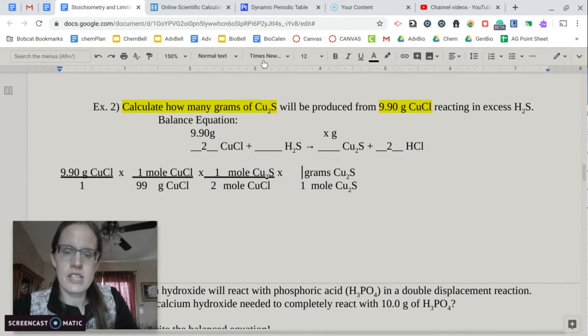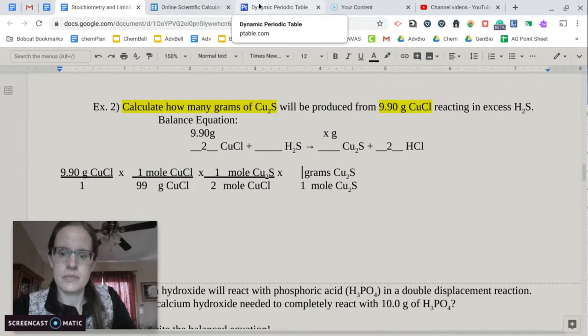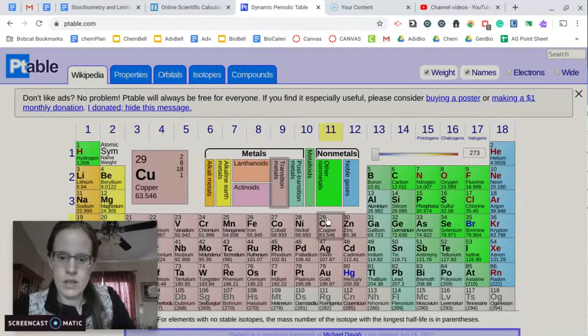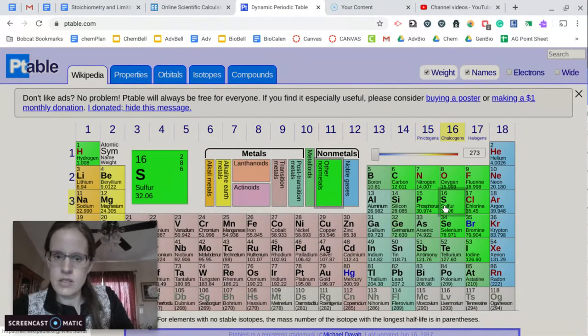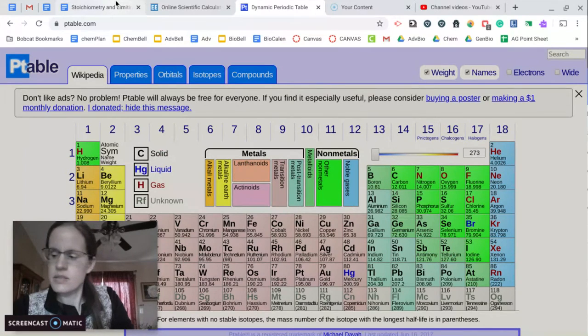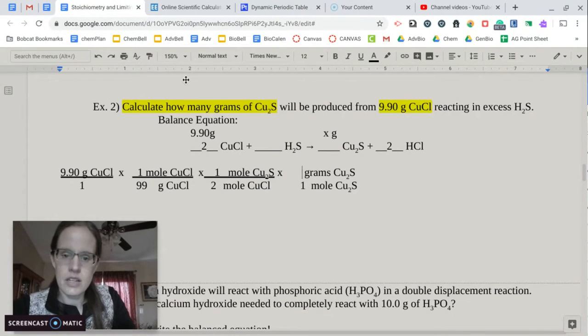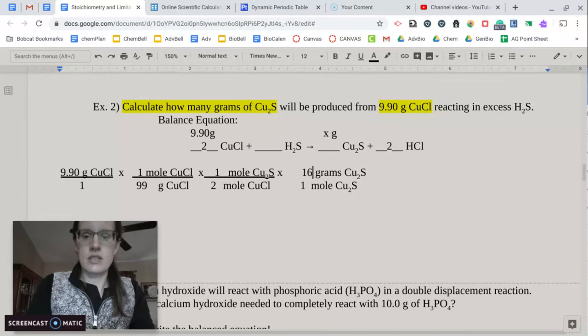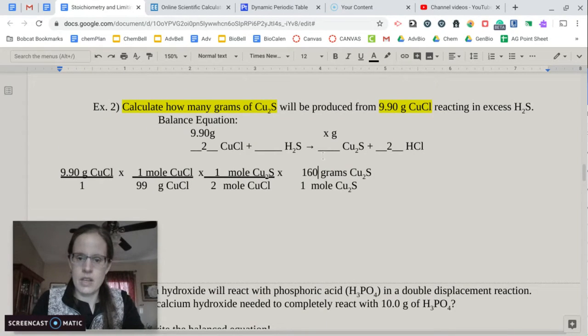I would look at my periodic table again and add up 2 coppers. 64, I'm rounding it up, 64 plus 32. And I already did that, that's 160. And then that's it.